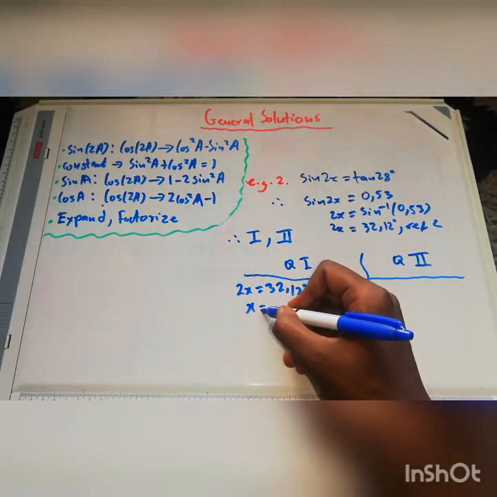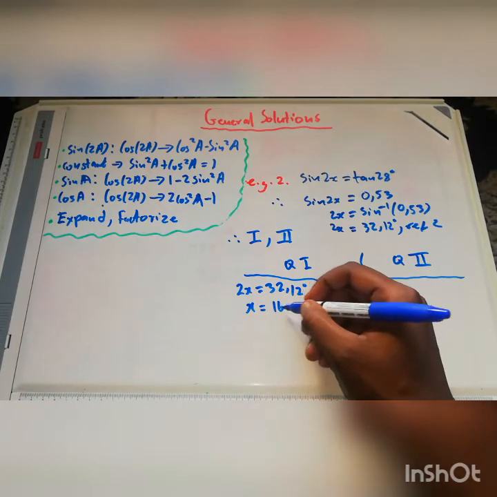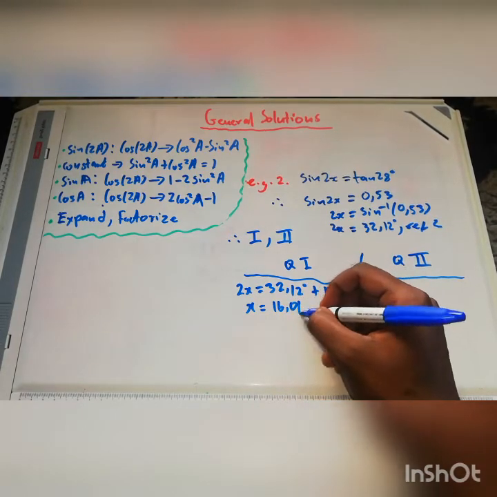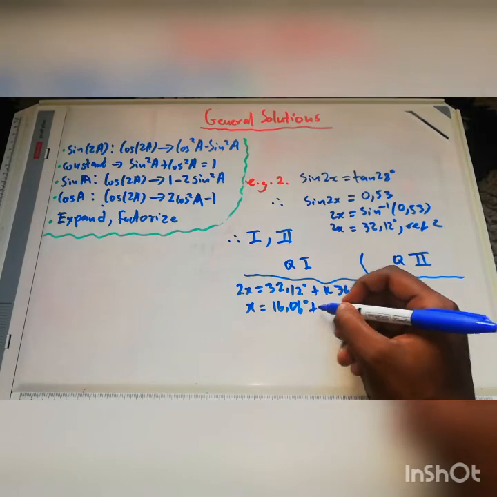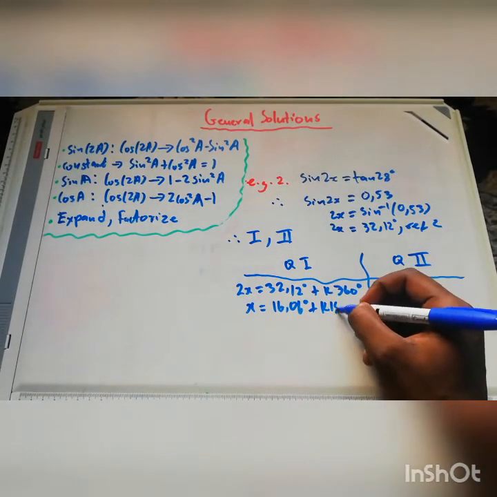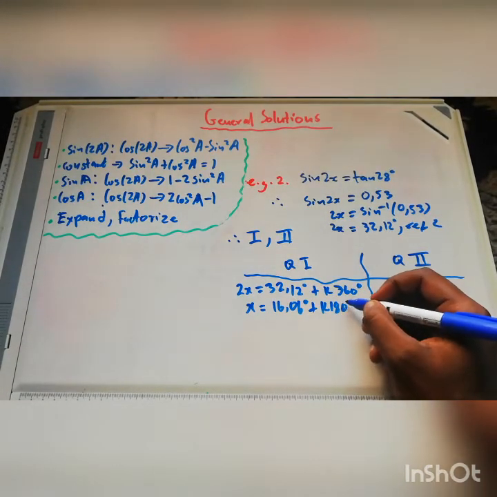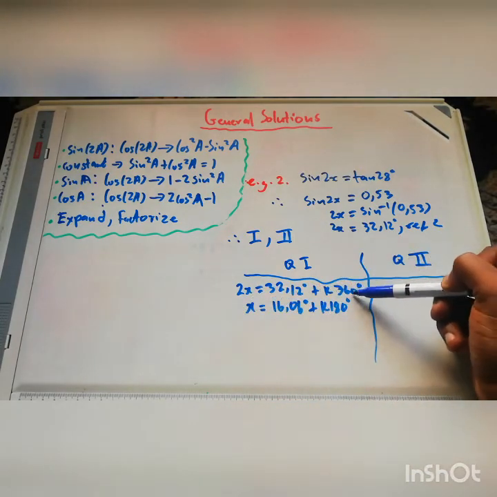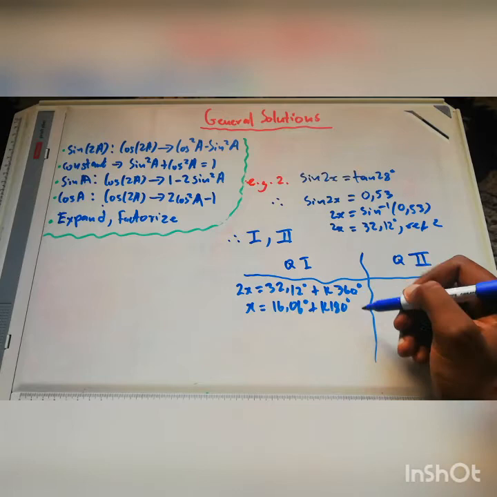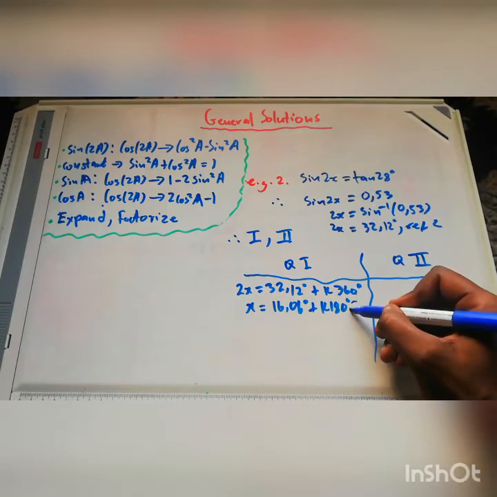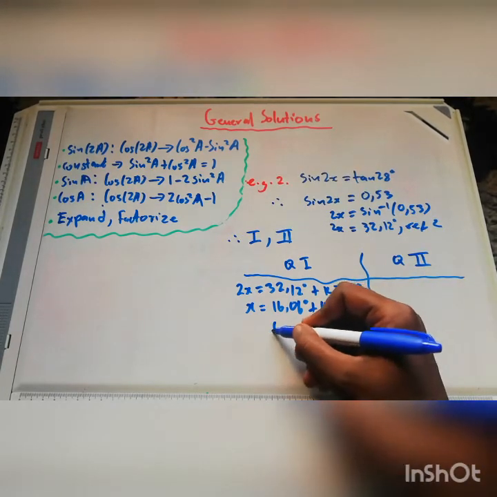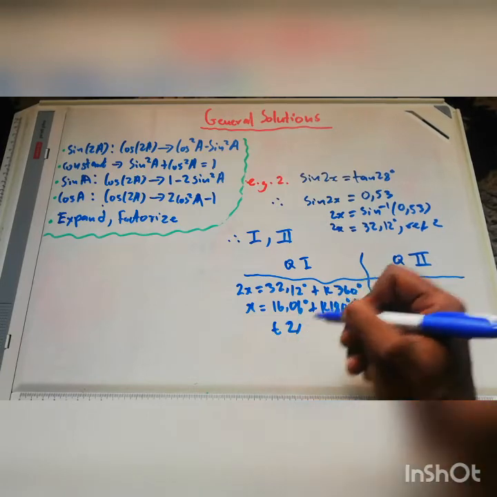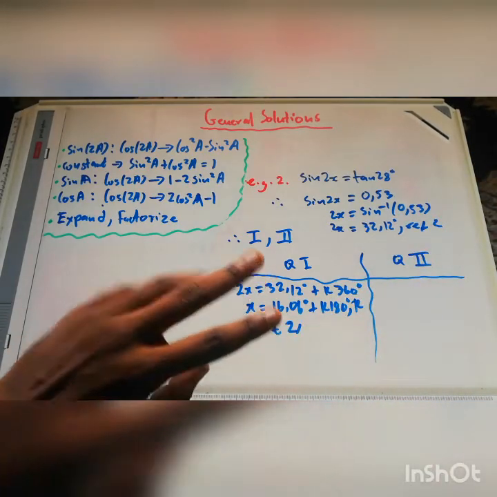So then your x is going to be 16.06 degrees plus k 180 degrees, because we divided by 2, so everything gets divided by 2, even the period, obviously with k being an element of an integer. That's the first part of your solution.